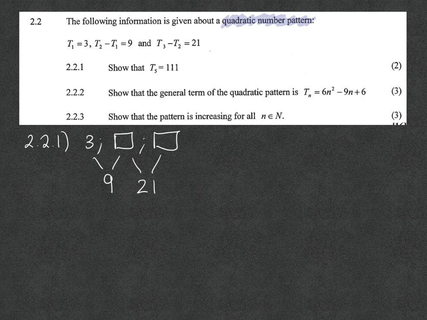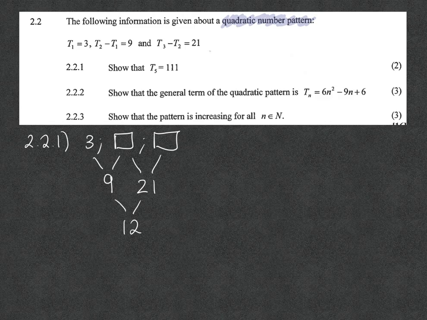So basically what I've done is rewritten this in a pyramid format of the pattern, which now tells me a lot of things, because now I know that the difference between this and this is going to be my second common difference. So 21 minus 9 is 12. So let's put the 12 here. Okay, awesome.